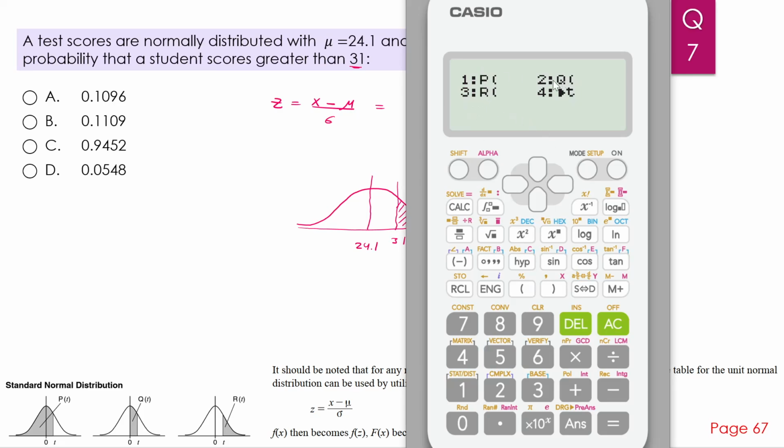Now there is P, Q, and R. So this is P, this is Q, and this is R. So we are interested now in R, and the Z value for us was 1.6. So you press number 3 for R, you put 1.6, close the parenthesis, it equals 0.0548, which is D.